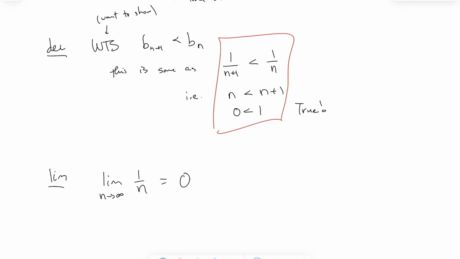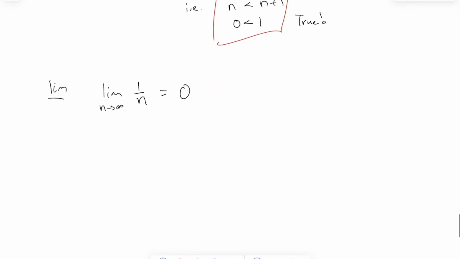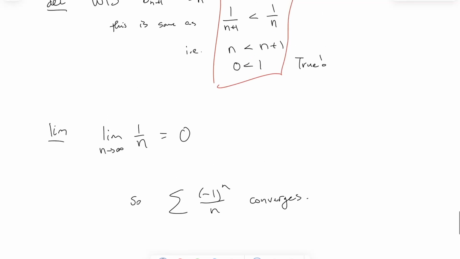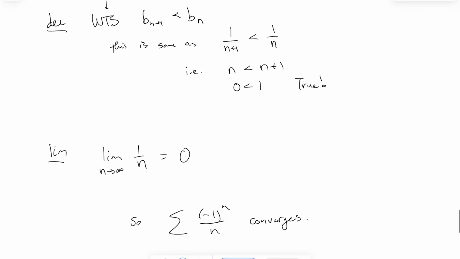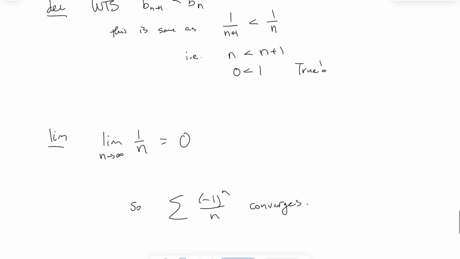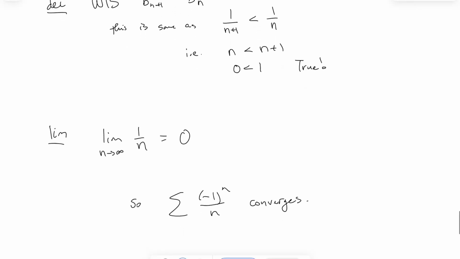All right? So it's decreasing and the limit is 0. That means that it converges. The sum of (-1)^n over n converges, because those b's are decreasing, and also the limit of the b's is 0.